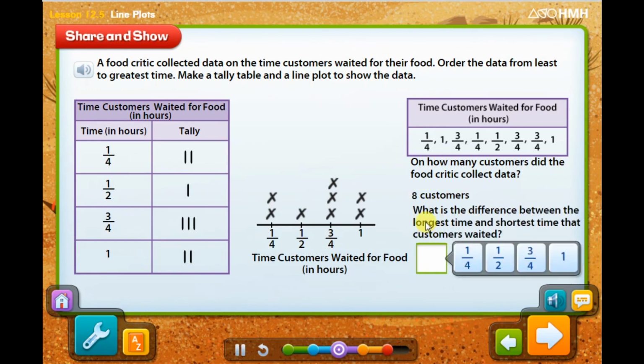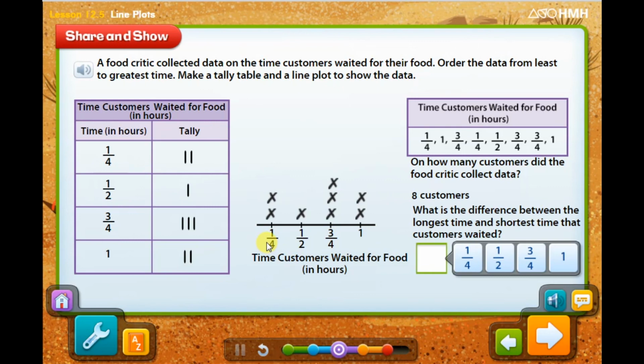Using your line plot, what is the difference between the longest time and the shortest time that the customers waited? Okay, so the longest time here is 1 and the shortest time is 1/4. So if I subtract 4/4 minus 1/4, how do we subtract fractions?